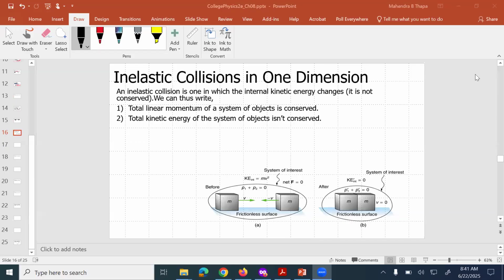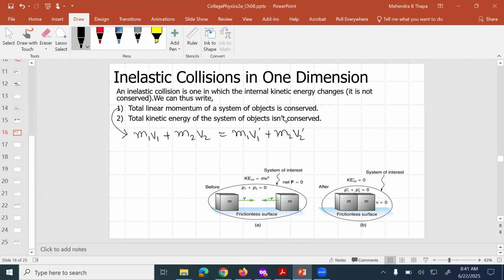In inelastic collision, total linear momentum of the system is still conserved, but total kinetic energy of the system is not conserved. Okay, so total momentum of system conserved means, as before, m1 v1 plus m2 v2 equals m1 v1 prime plus m2 v2 prime.